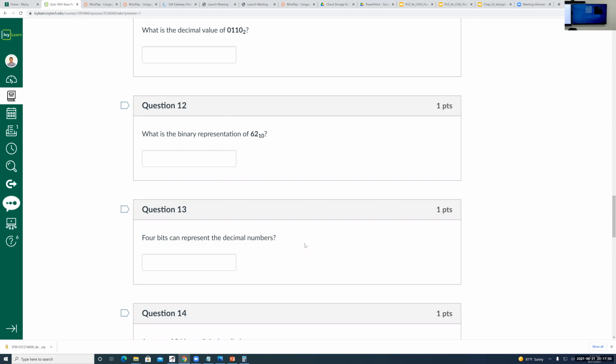I would say yes. So for the decimal number, how many values do you have? You have 10, right? You have 10 values, everything from 0 to 9. But if you have 4 bits, in total we have 2 raised to power 4, which is 16 values. So it's enough, right?